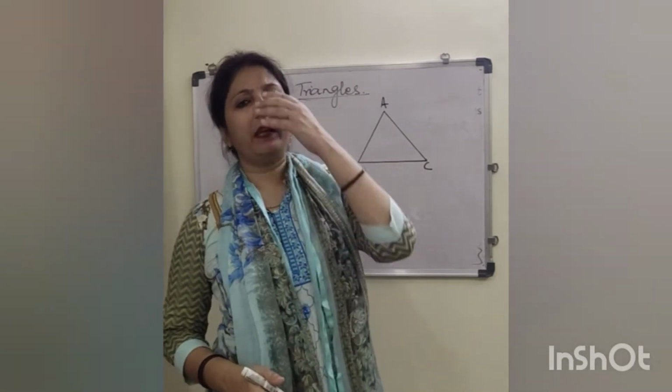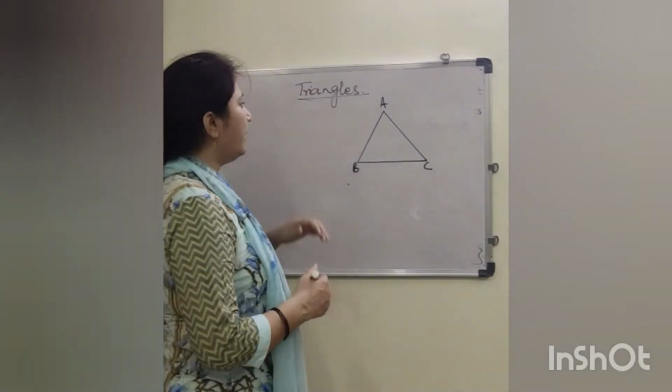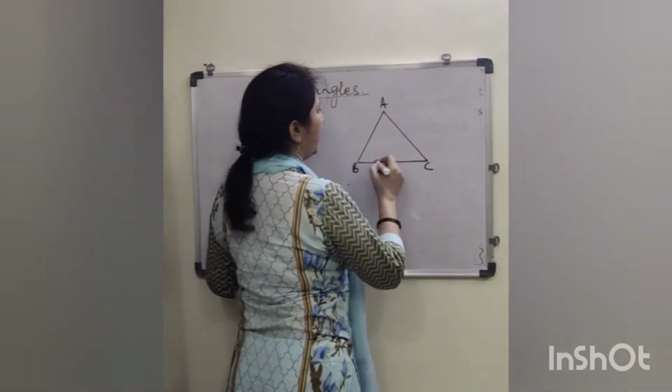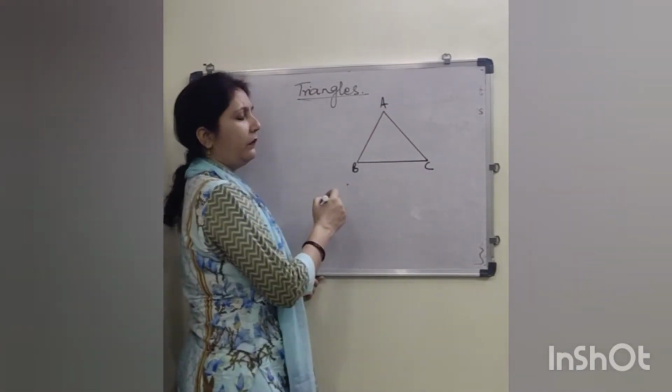Fine, so let's begin with the triangle. A triangle is a plane figure bounded by three line segments.